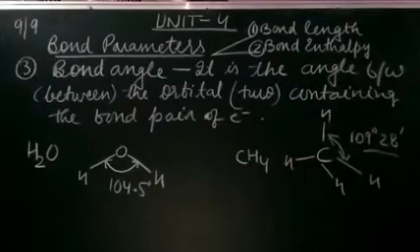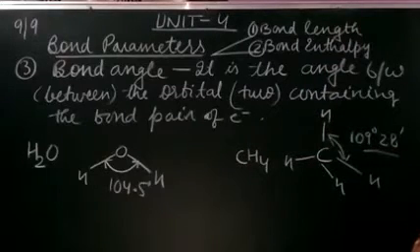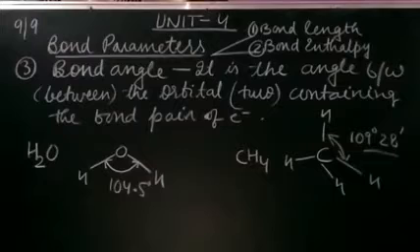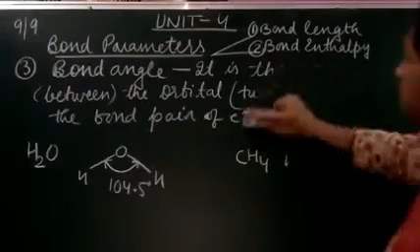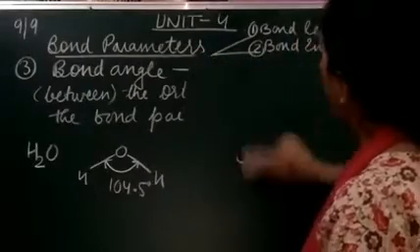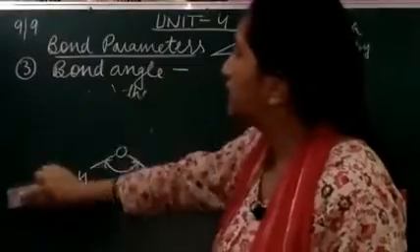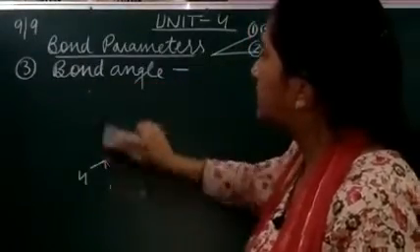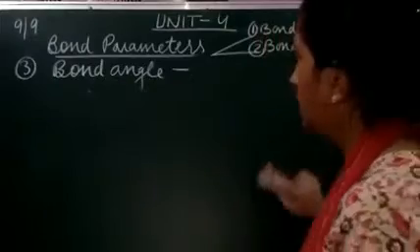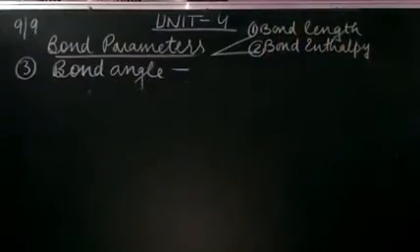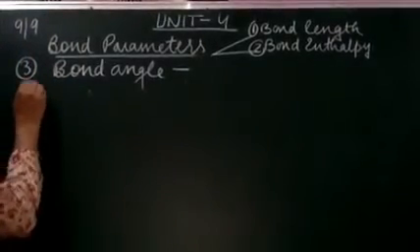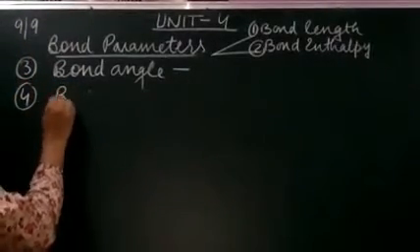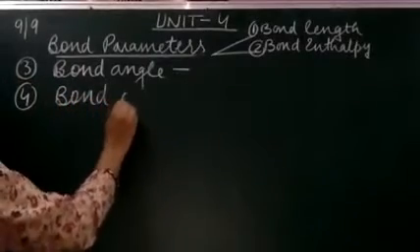Now students, this is about the bond angle, right? The next parameter is the bond order. Now students, what is a bond order? Bond order expresses the multiplicity of the bond, right? So the next parameter or characteristic to define a bond is the bond order.